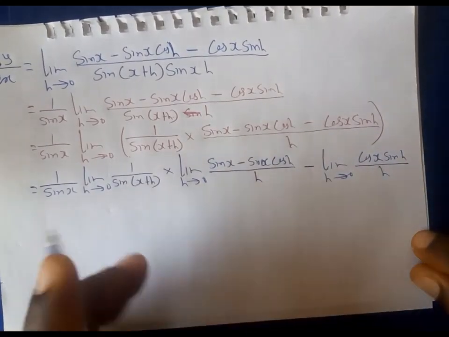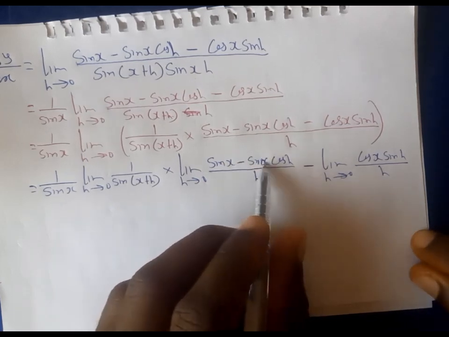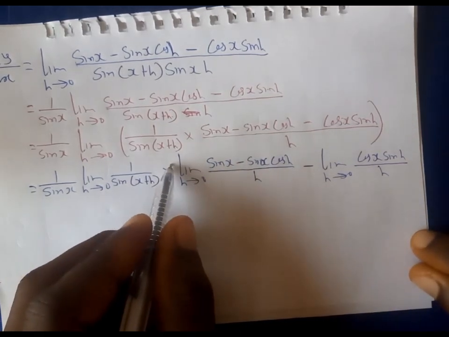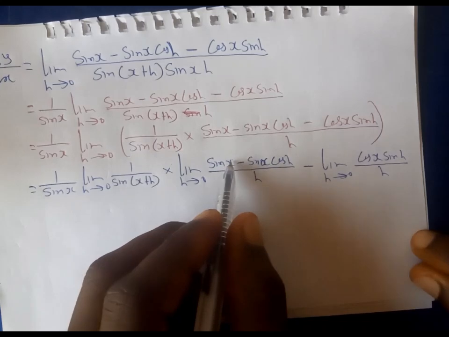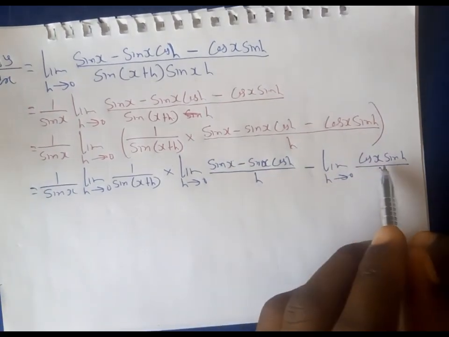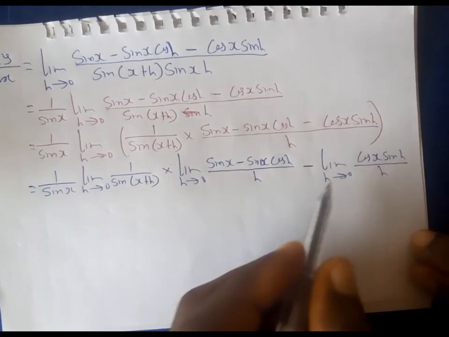Good. So sin x can be taken as a common factor here, and it can go outside the limit because it does not have any h term. Same thing applies to cos x, it comes outside the limit.